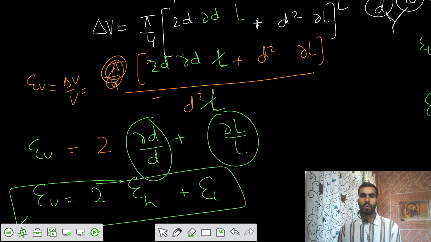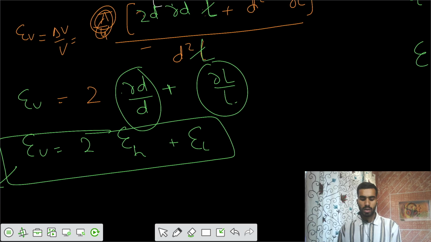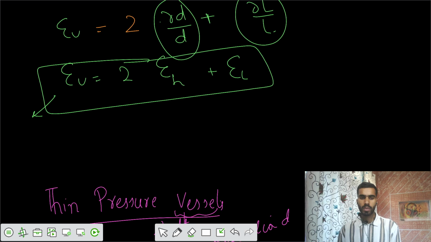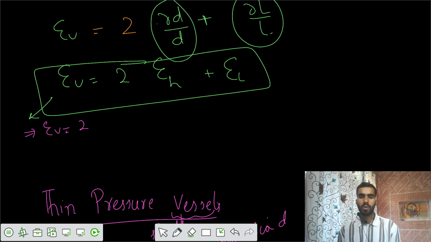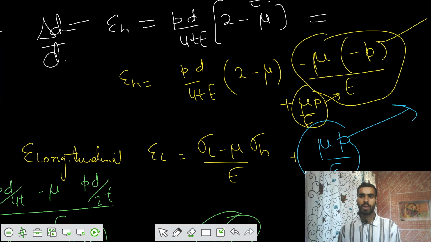Now if I substitute the values of E hoop and E L, I can say E V equals 2 times the value of E hoop. What's the value of E hoop we have?